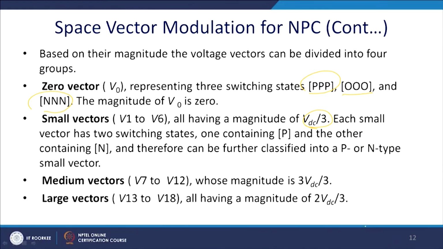In this case it is a small vector or half vector, as we call it, and this value will be VDC by 3. Each has a small vector with 2 switching states, one containing P and another containing N, and therefore can be further classified into P or N type small vectors.